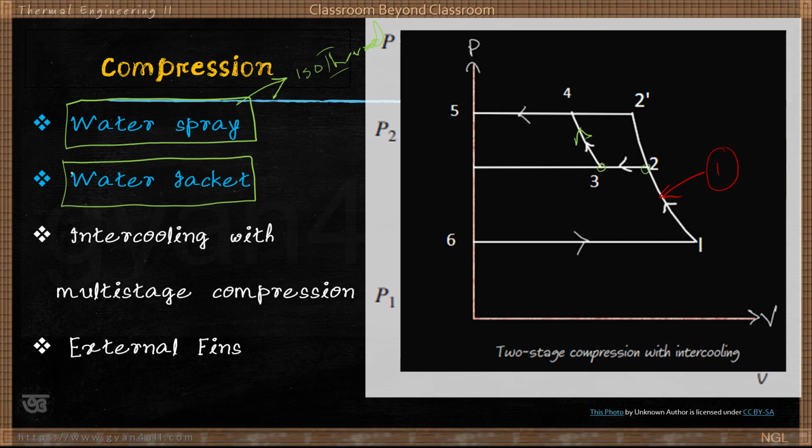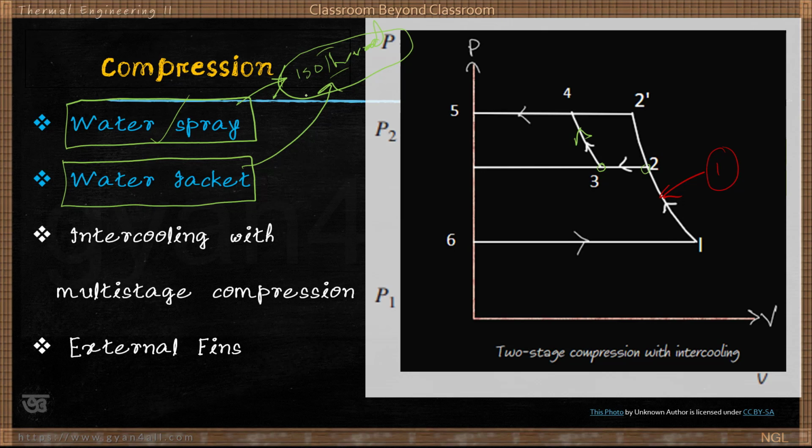Water jackets are the passages for passing the coolant through, and this coolant, it may be water or anything, will carry the heat away from the compressor. This is the same as water spraying, so that will also make the process close to isothermal. The water coolant will carry the heat from the compressed air, from the compressor, and that way it will keep the compressor at constant temperature.